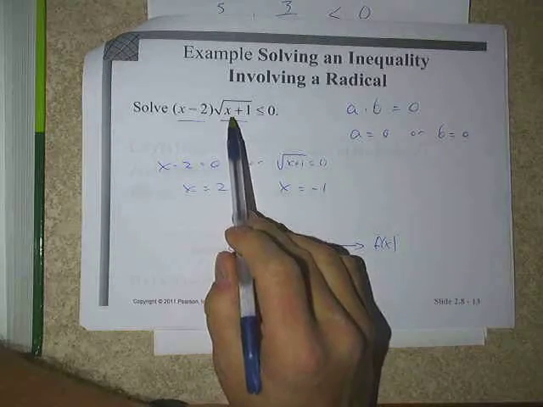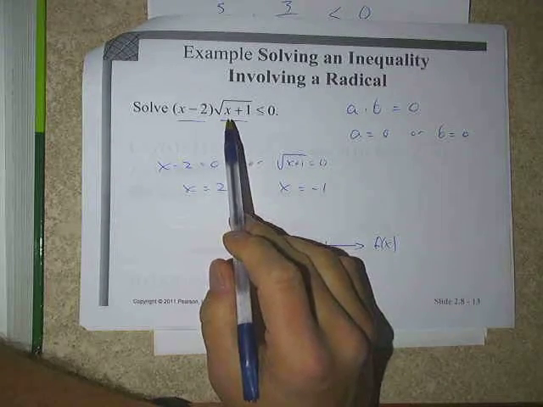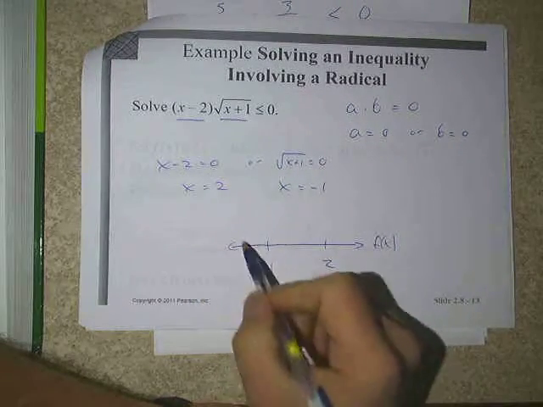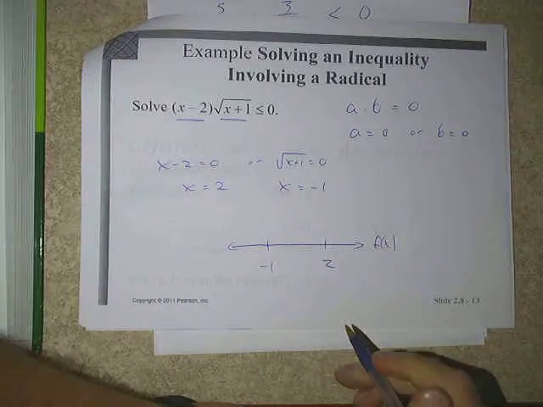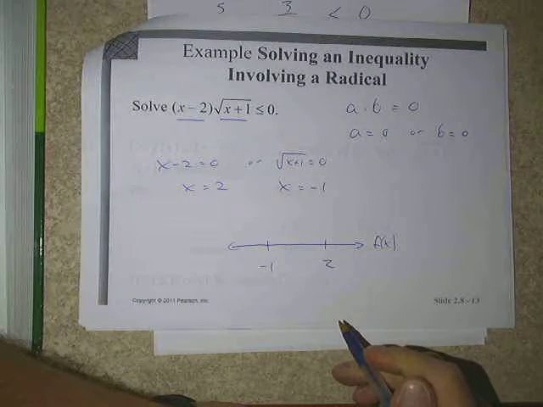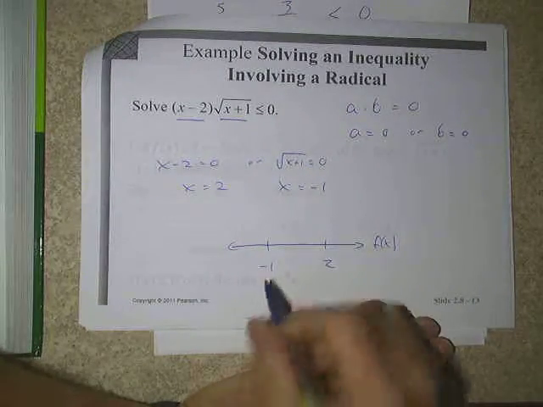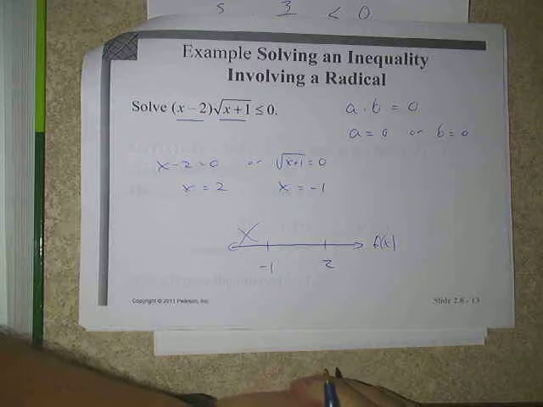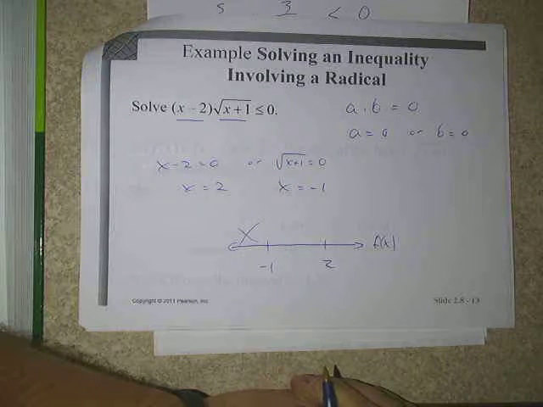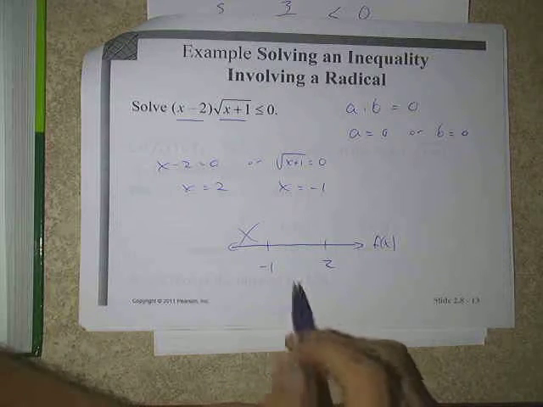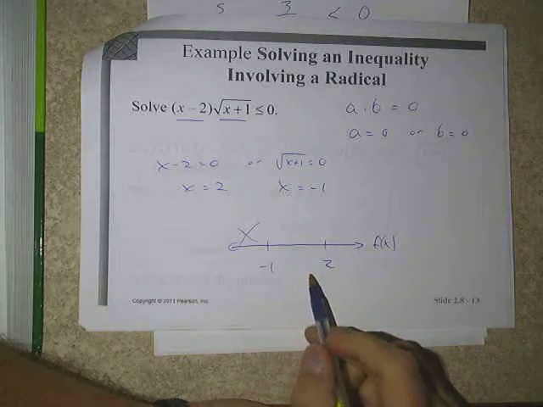Ash? Yeah, if we put a negative 2 in there, wouldn't we get imaginary solutions? So is this stuff over here even part of the domain of this function? No, we can't put anything less than negative 1 in here. The domain would be negative 1 to infinity. So would we even worry about that part? No, that part's not part of the domain.